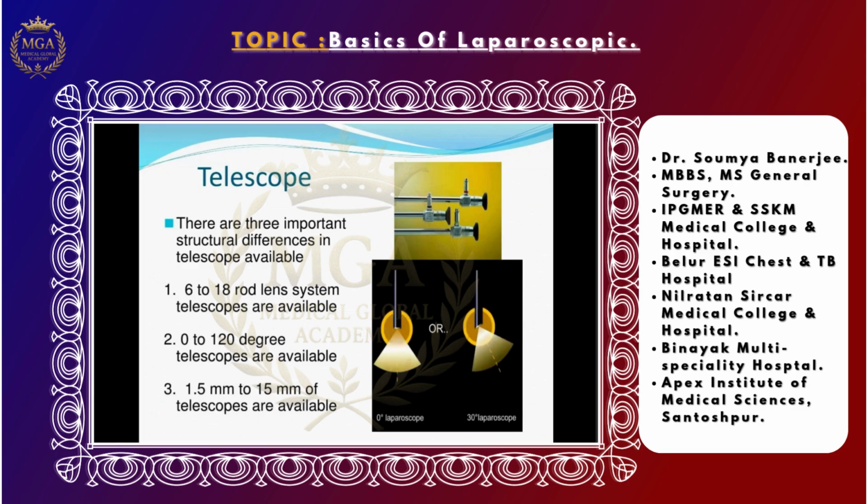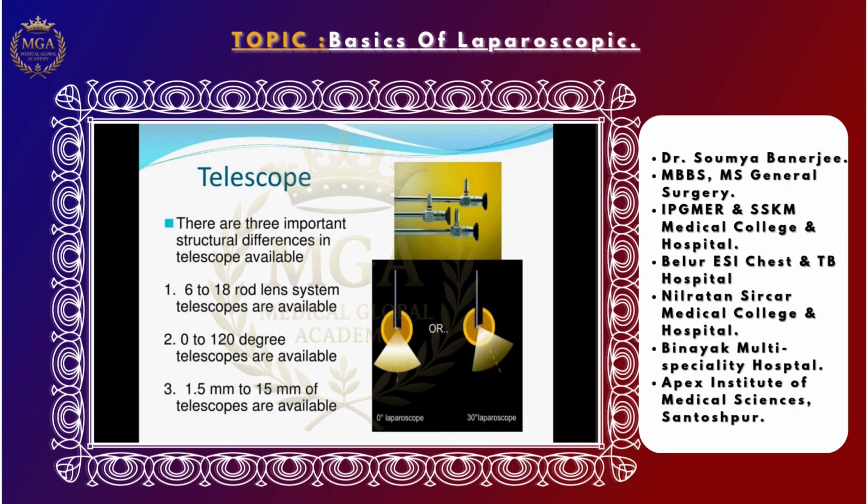Nowadays 120 degree is also available, and today's telescope machines allow you to control the telescope angulation in a single telescope, because previously there were multiple telescopes, like the 0 degree telescope, a 30 degree telescope, and 45 degree telescopes.